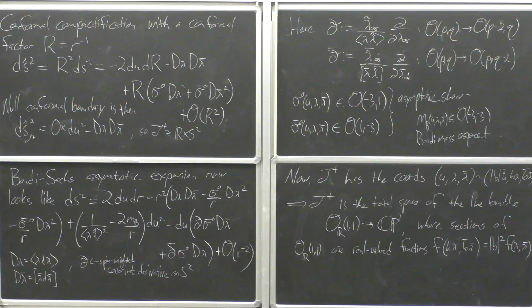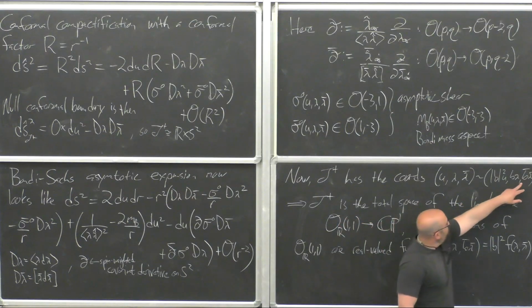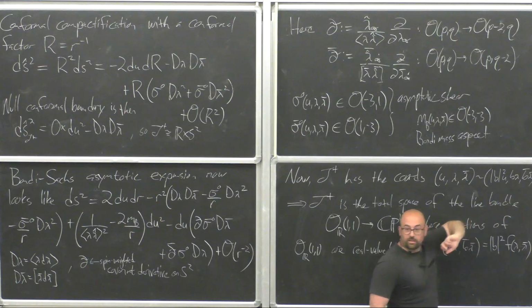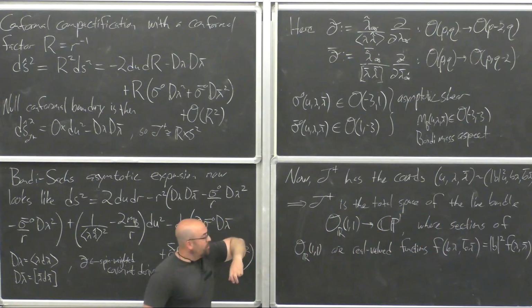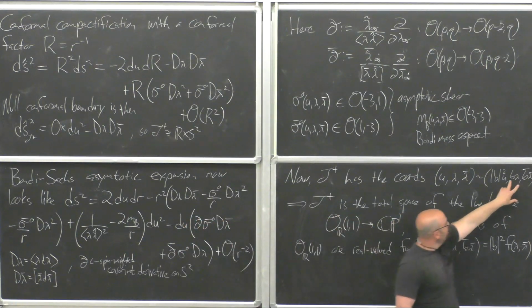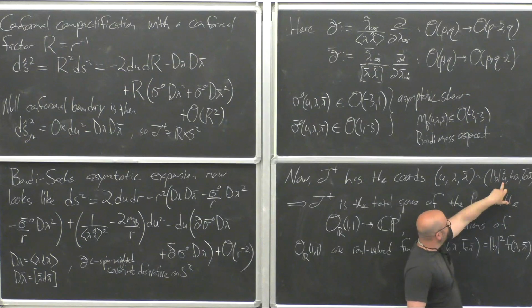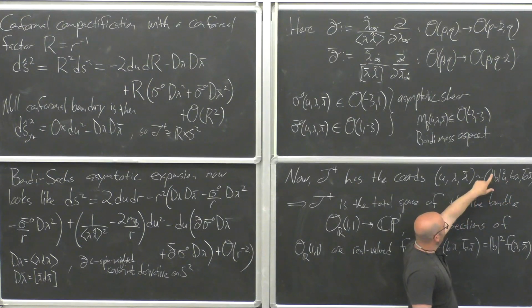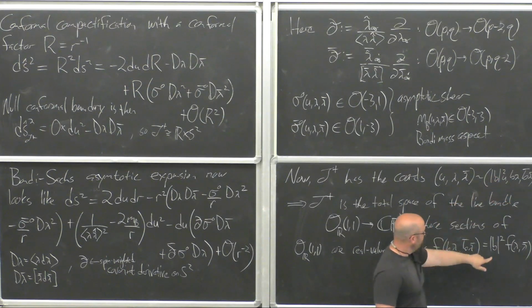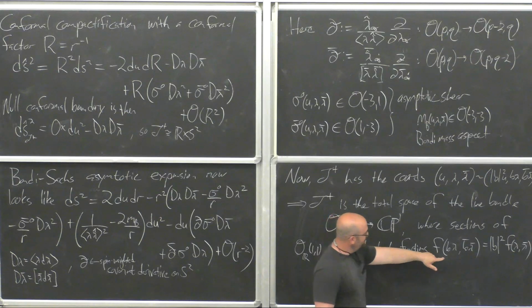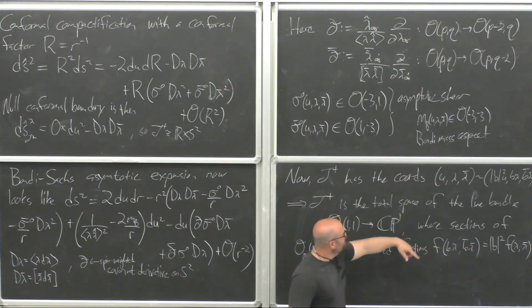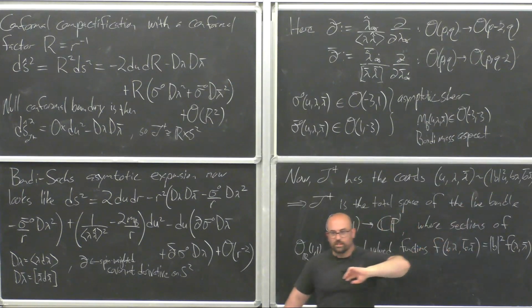Okay. So why is scri the total space of this line bundle? Well, the base of the bundle is just CP1, so that's just our lambda and our lambda bar coordinates. And when we do a projective rescaling on the base, the fiber coordinate u scales like mod b squared. So that's exactly what one of the sections of this line bundle does. And it's also real, because the Bondi time is real.